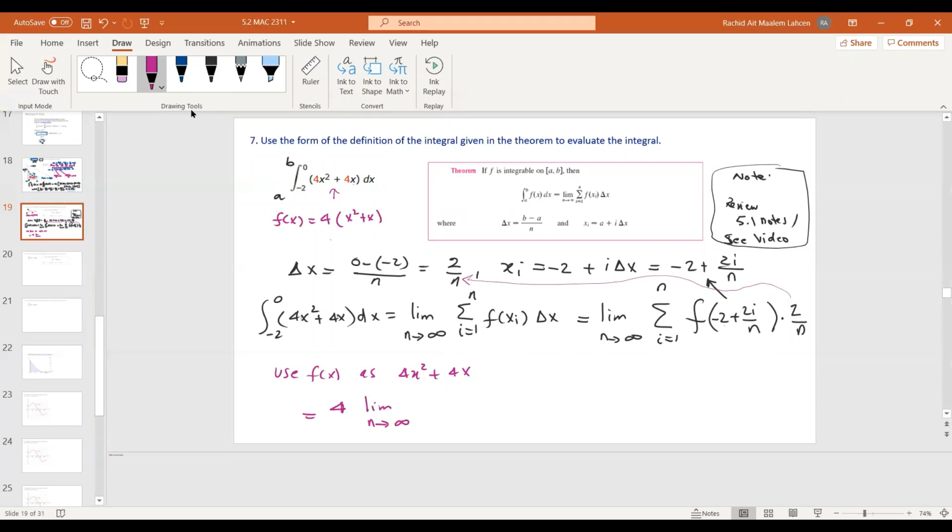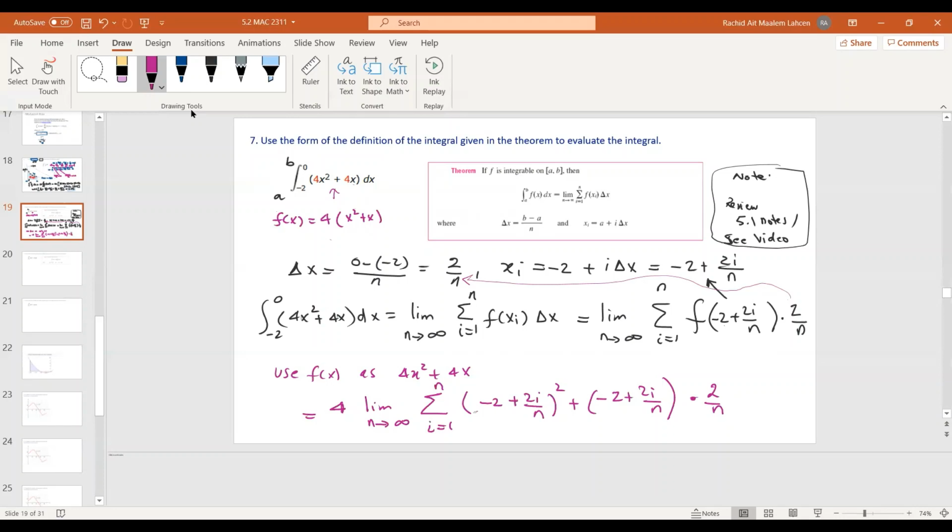And you have a summation here, or a sum, of -2 plus 2i over n, squared, for the x squared, and we're going to substitute this again into x, times 2 over n.